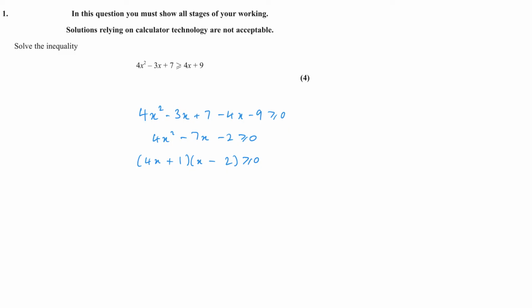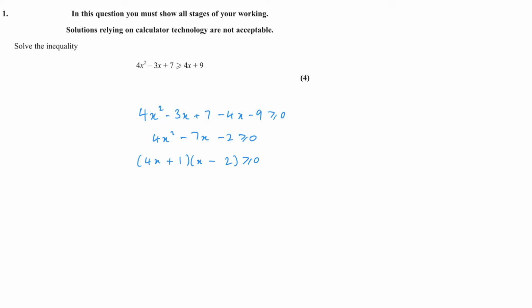So this gives me 4x squared minus 8x plus 1x is minus 7x and minus 2. And like I said, you could have just used the formula here for this one.